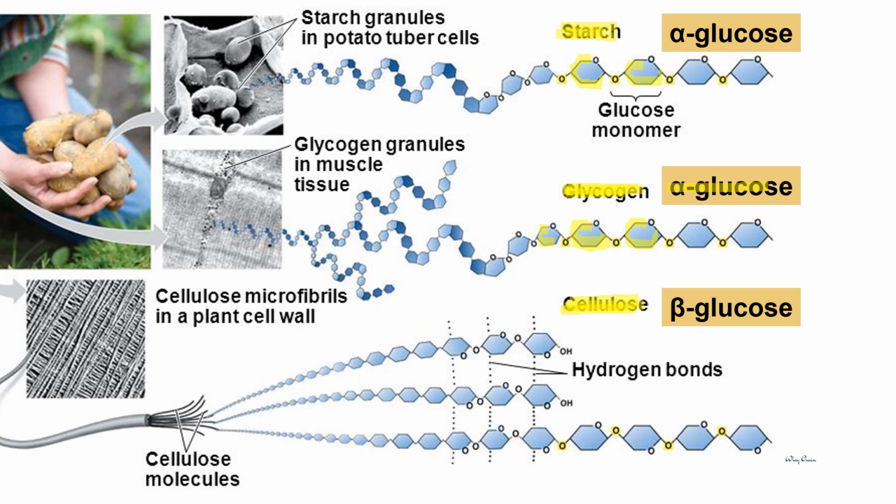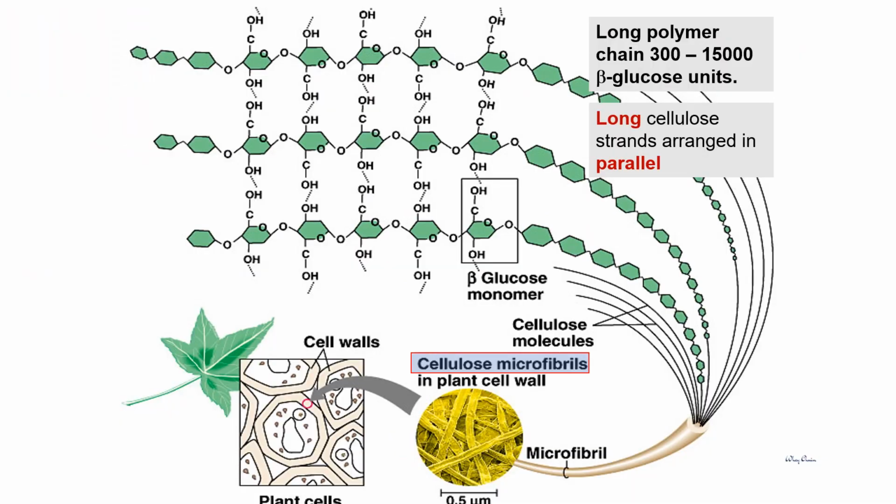Cellulose is the polysaccharide that consists of beta-glucose as its monomer. So it is a long polysaccharide chain which consists of a minimum of 300 to 15,000 beta-glucoses joined through the glycoside bond and arranged in a long chain.